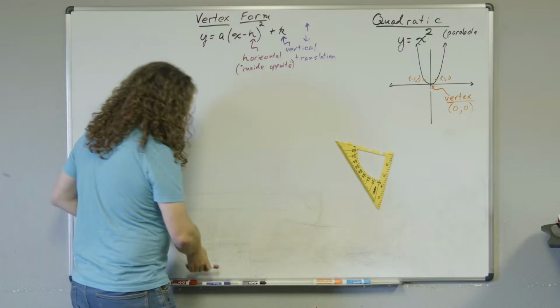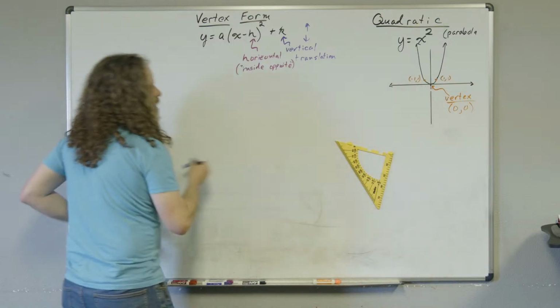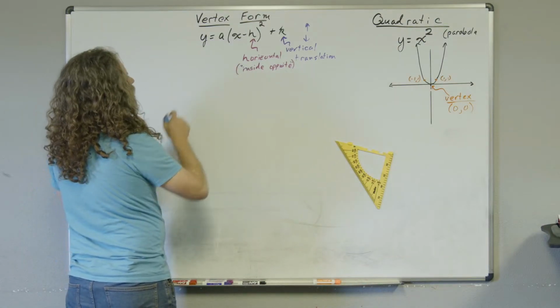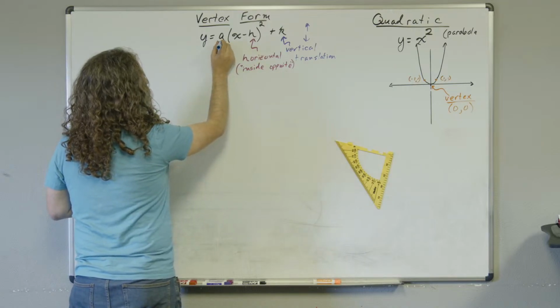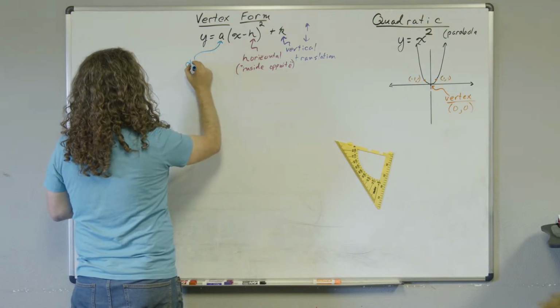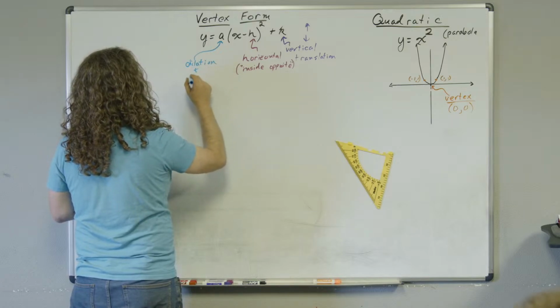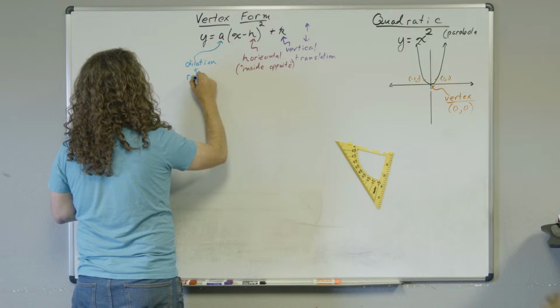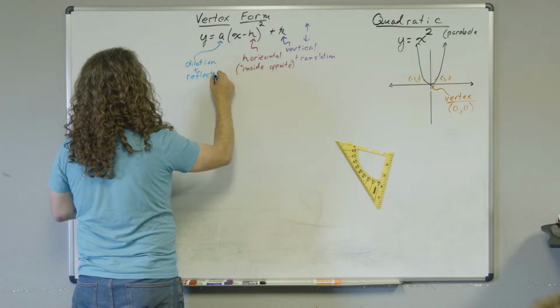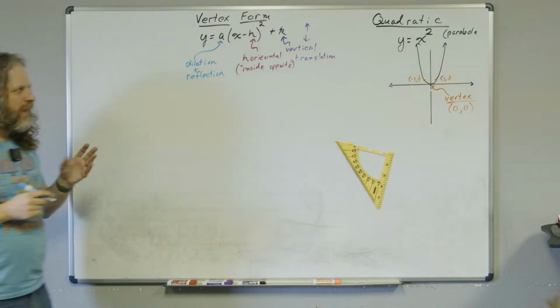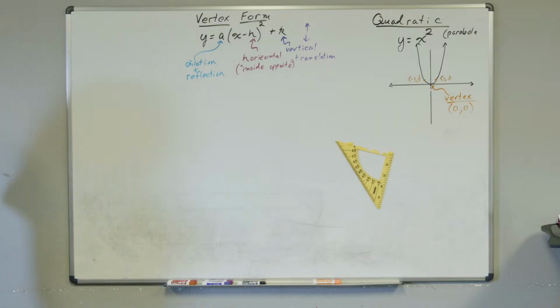Okay, we have one more letter. That's A. A controls the dilation and reflection. If you go to the eye doctor and you get your eyes dilated, what happens to your eyes?